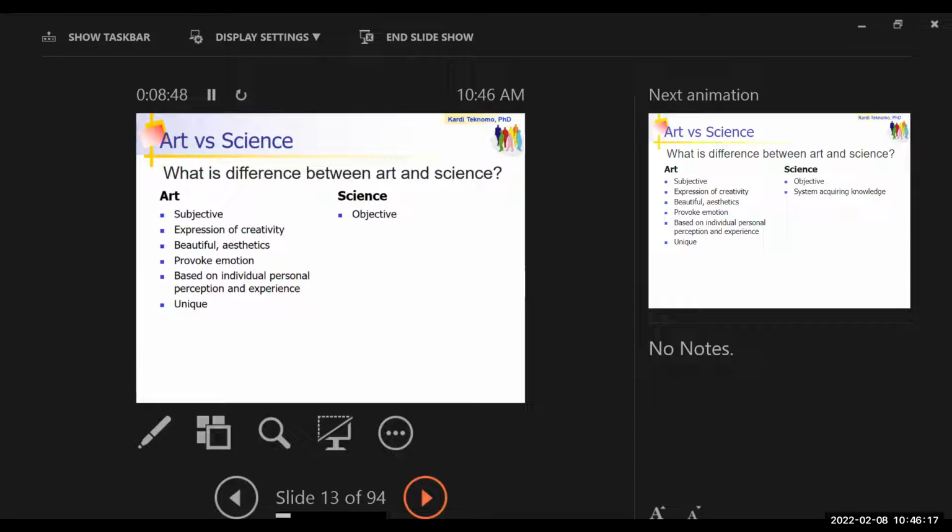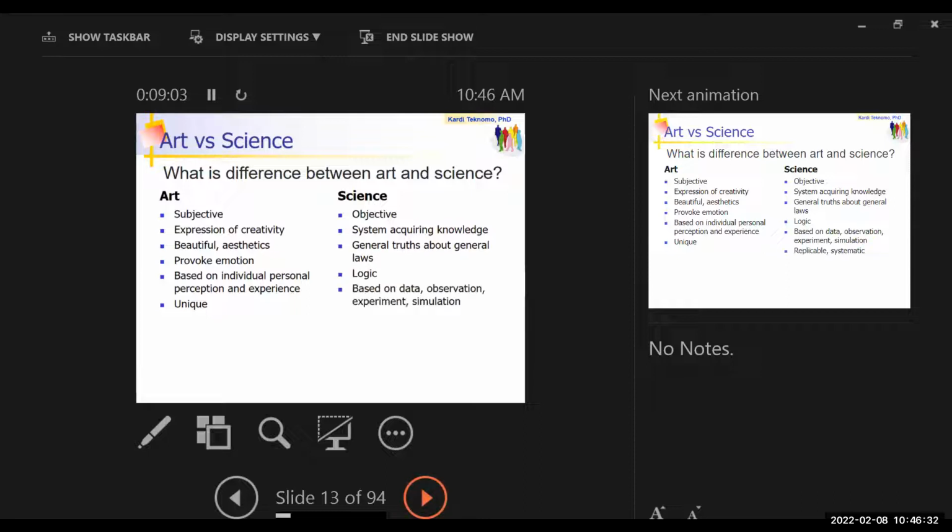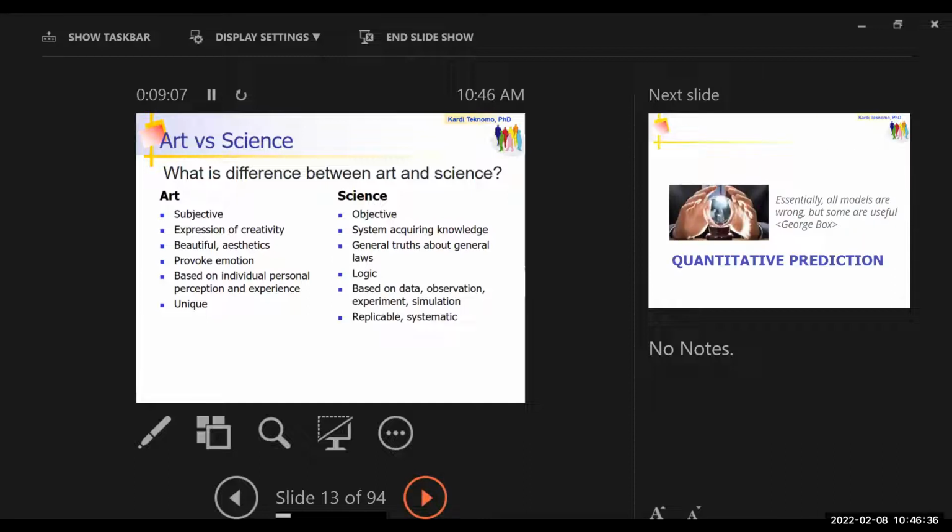But science, the other way around, must be objective. It's a system to acquire knowledge. It's about general truth, the general law, based on logic, data, observation, experiment, or simulation. It's not unique. It should be replicable, systematic.